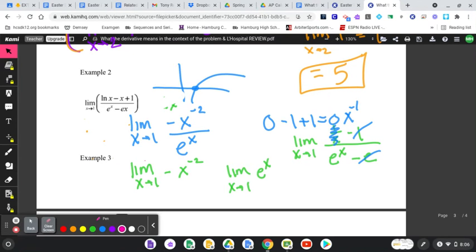So I'm just going to rewrite this as negative 1 over x squared. So when I substitute a 1 in here, I think I get a negative 1. And here I get e to the first, just e. So I would say my final answer is negative 1 over e. So again, I just applied L'Hopital's rule twice.